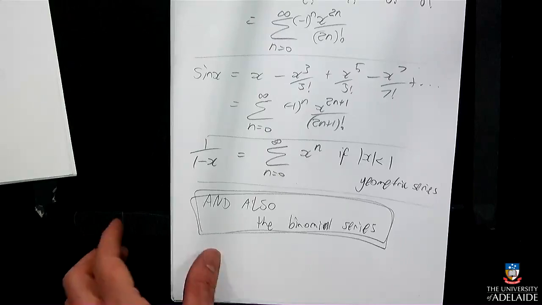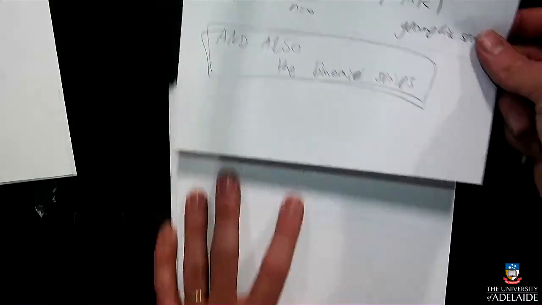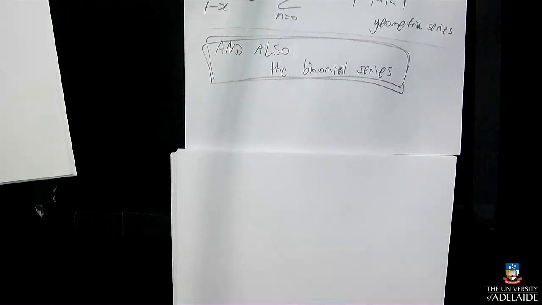So, the binomial series is written this way, and this way is puzzling, and I'm going to write it anyway, and we're going to talk about it.